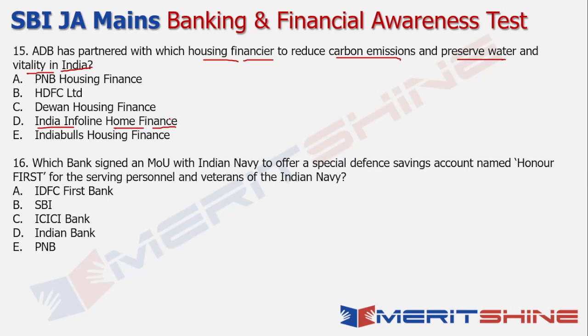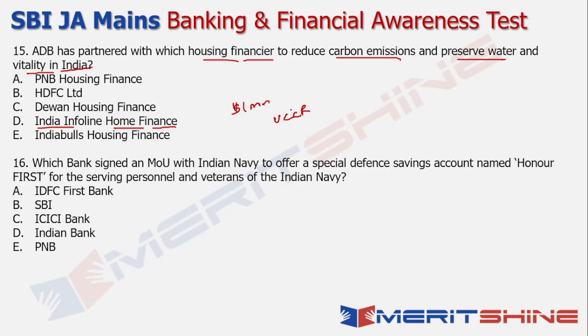There are a lot of other players as well, but IIFL is the one where ADB has partnered in terms of this particular facility. The total cost of the project is $1 million, right? And ADB will fund it through what it calls the UCCR, which is the Urban Climate Change Resilience Trust Fund, okay?